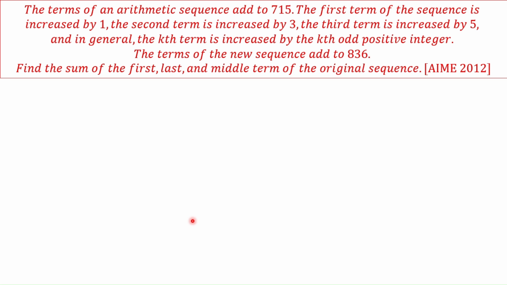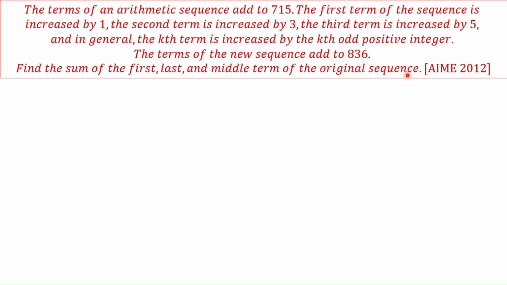The kth term is added by the kth odd number. The terms of the new sequence will add up to 836. Then the question is, find the sum of the first, last and middle term of the original sequence. This is an AIME problem.